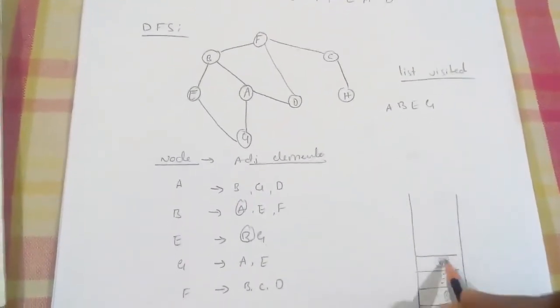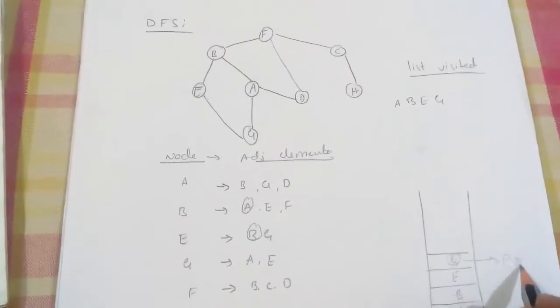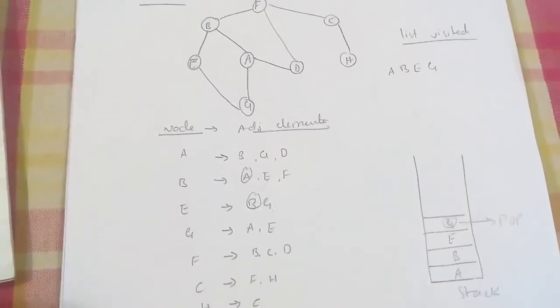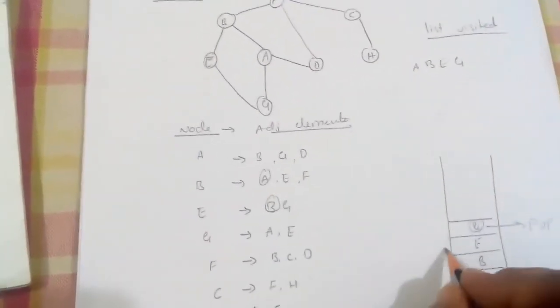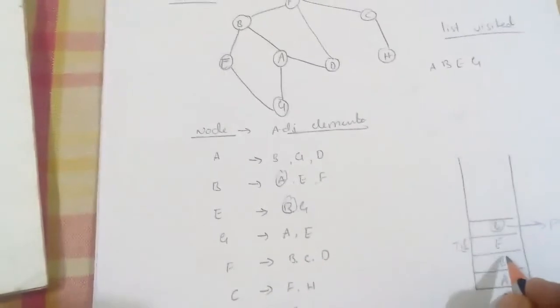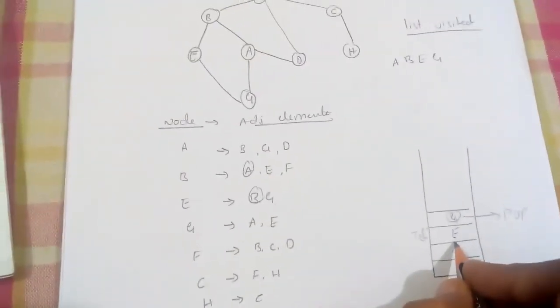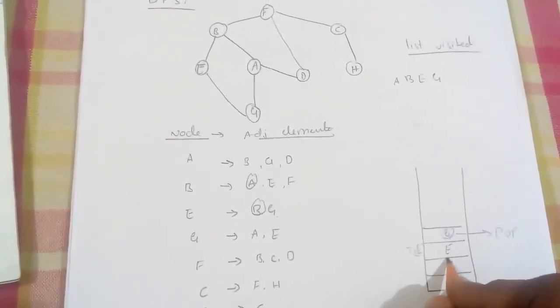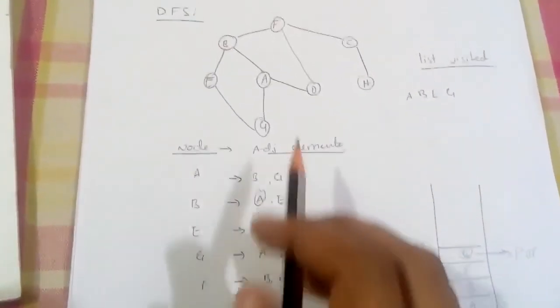So, therefore, G is popped from the stack. Now the top of the stack is E, which has the adjacency elements B and G. The adjacent nodes of E are visited.